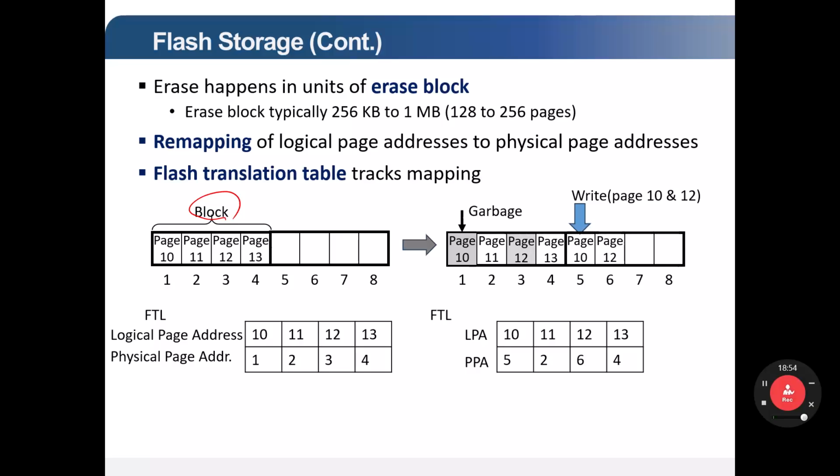What is a block? A block is a set of contiguous, consecutive pages. In a single block, we have a large number of 4 kilobyte pages, and once you initialize a block, you can start writing data in each page.